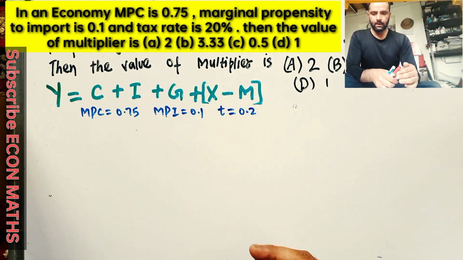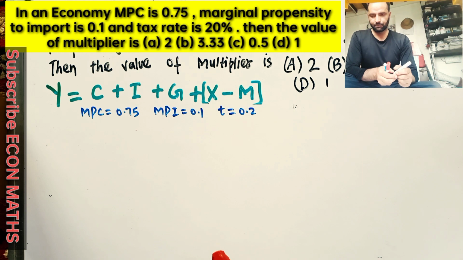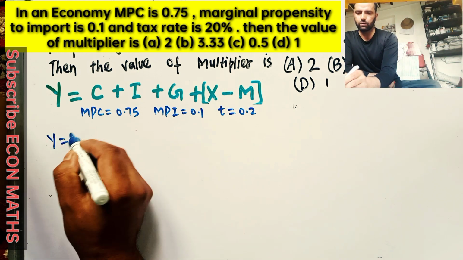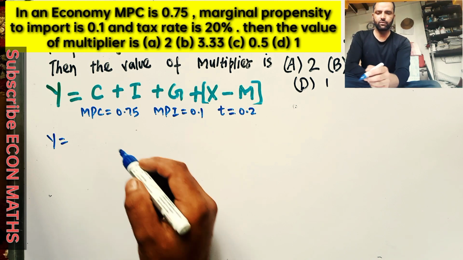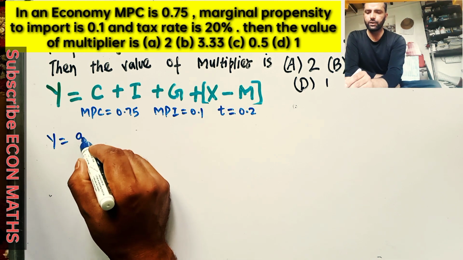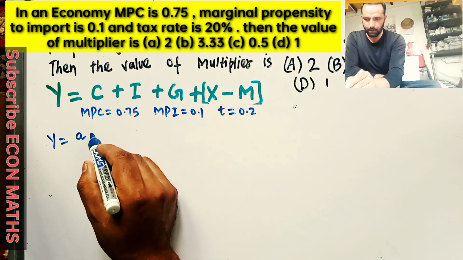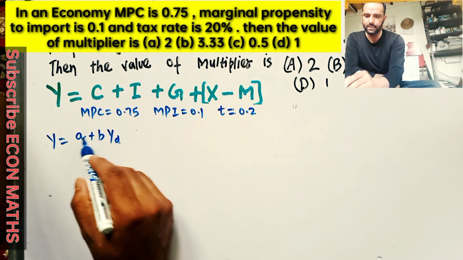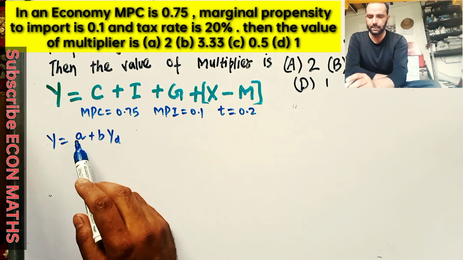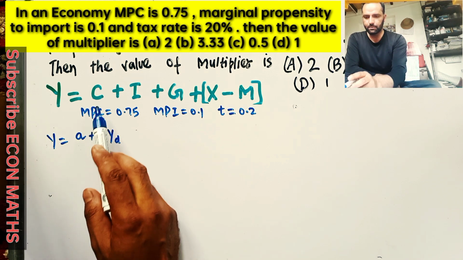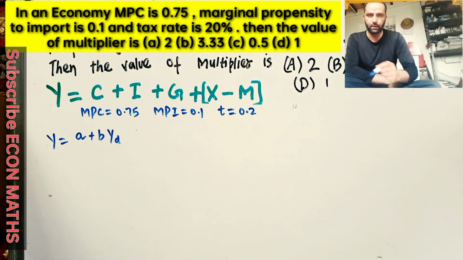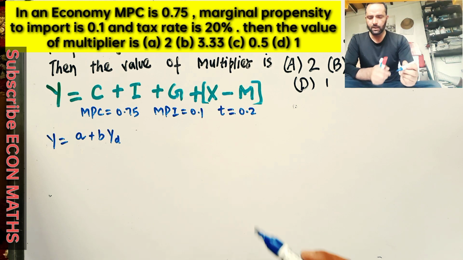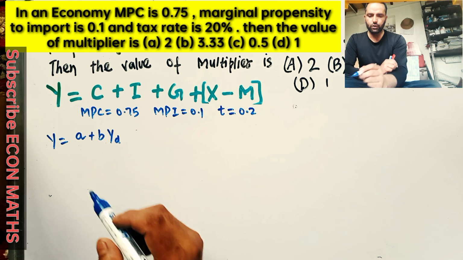Now let's derive this multiplier. Our total income will be equal to, now what is the consumption function? The consumption function is a, which denotes the autonomous consumption, plus b times y subscript d. It says that our consumption is a function of income, and a is our autonomous consumption when we have zero level of income. Here b is our marginal propensity to consume.